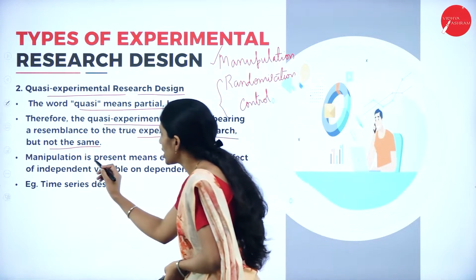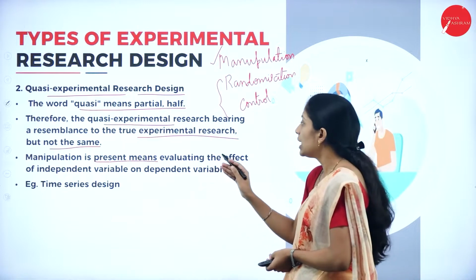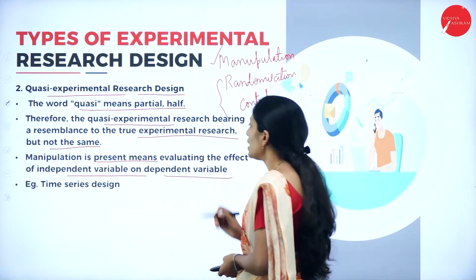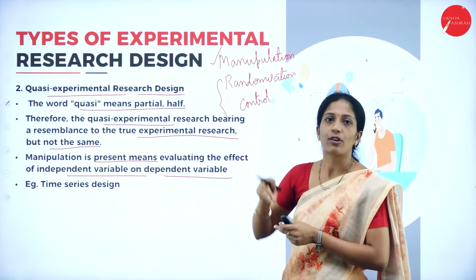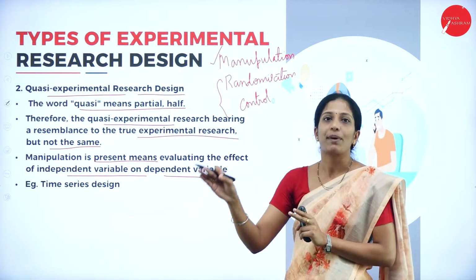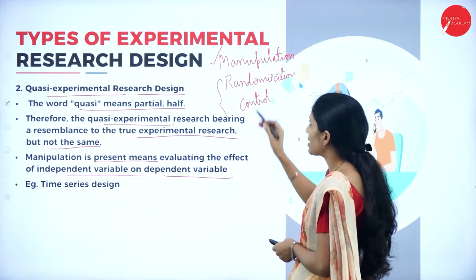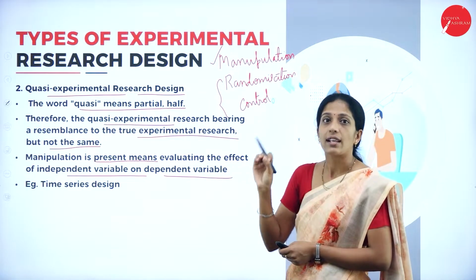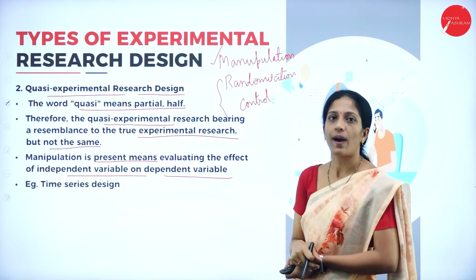So manipulation is present, evaluating the effect of the independent variable on the dependent variable. Manipulation means they are going to see the variation between the independent variable and dependent variable. So here manipulation will be present, and at the same time between randomization and control, any one of them will be there. So that is known as what?